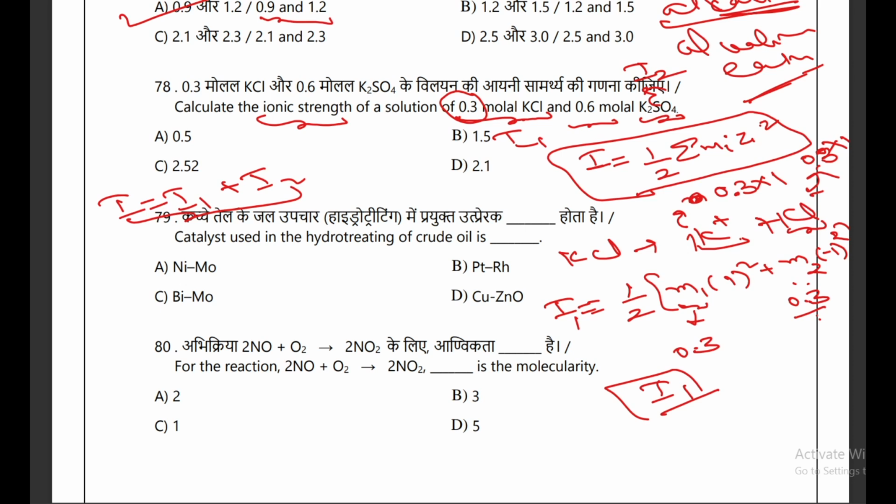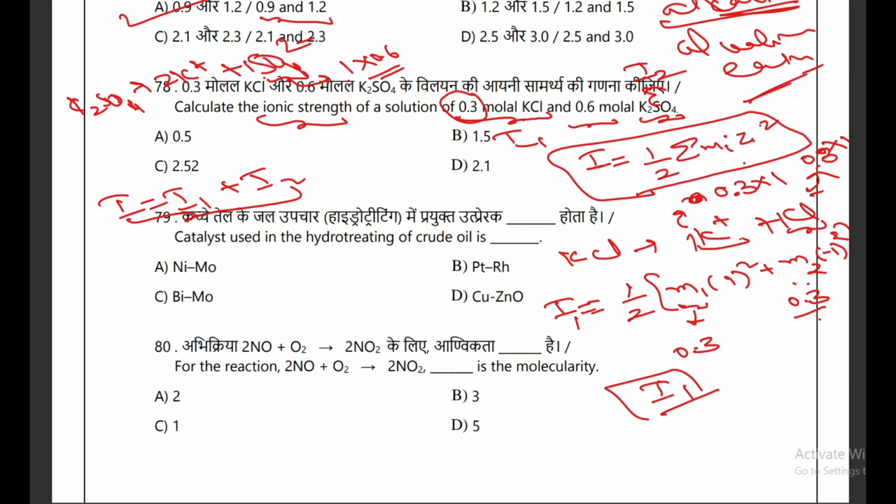Similarly in the case of I2, potassium sulfate will dissociate into 2K positive plus SO4 2 negative. There is only one sulfate, so you multiply its molality, which is 0.6, to find the M2 value in this formula.